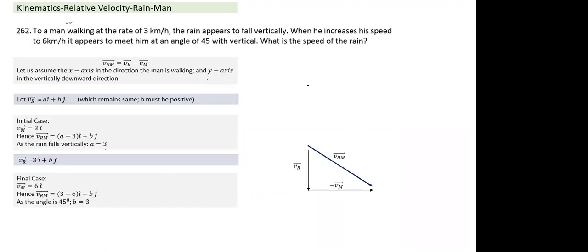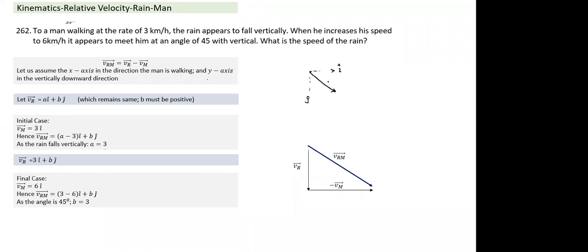If I want to draw, what is VRM equal to? Say this is the i cap we assume, and this is the j cap we assume. So the answer comes to equal to 3 i cap plus 3 j cap. This is rain velocity VR. The rain is falling like this.